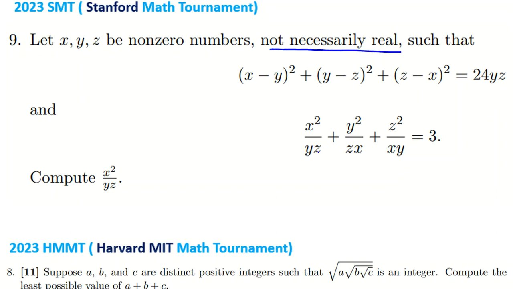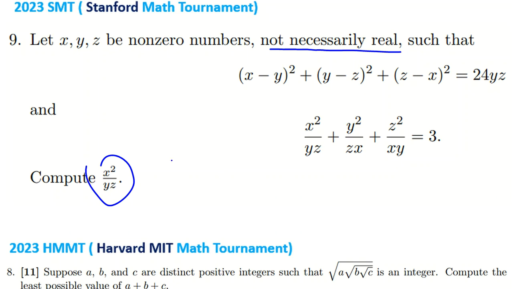And x squared over yz plus y squared over zx plus z squared over xy equals 3. Compute x squared over y. When you want to compute something, in most problems you should calculate, for example, x, y, z. But here it's not x, y, z. So always focus, because sometimes you will solve this, but you don't pay attention and you want to prove something else.